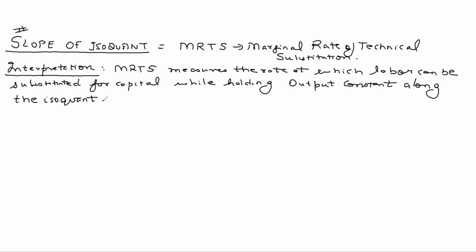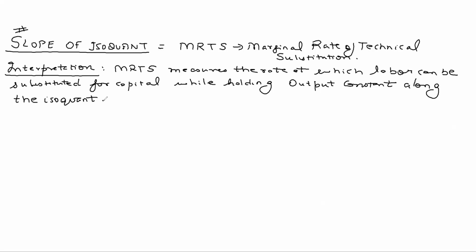So when we talk about MRTS, it will measure the rate at which the labor can be substituted for capital while holding the output constant along the isoquant.